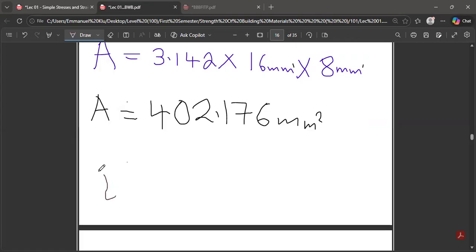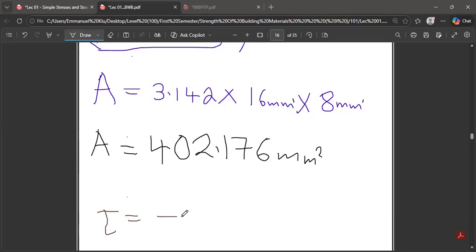We are still calculating our maximum shear stress, and we already know the load. It was 180,000, so 180 times 10 exponent 3, all over 4.